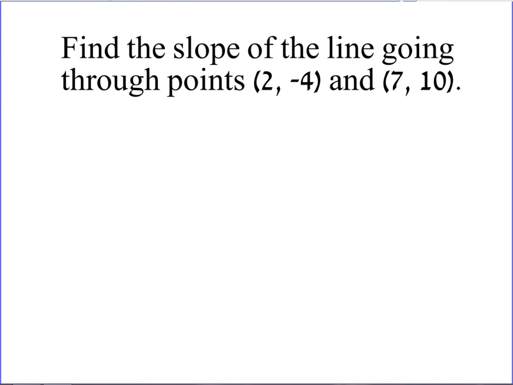We can do that again with a different point. Let's look at these 2 points, (2, -4) and (7, 10). We're going to name one point 1 and the other point 2, making x1, y1 and x2, y2.